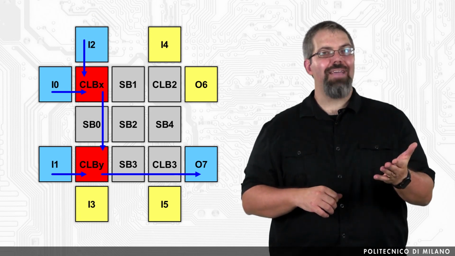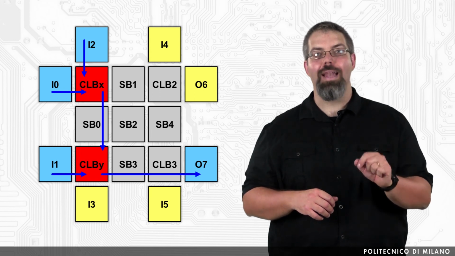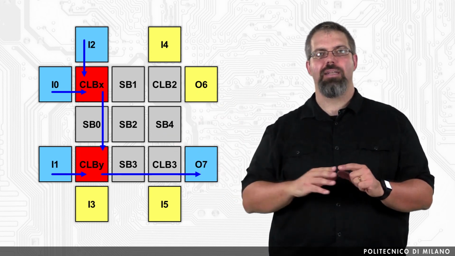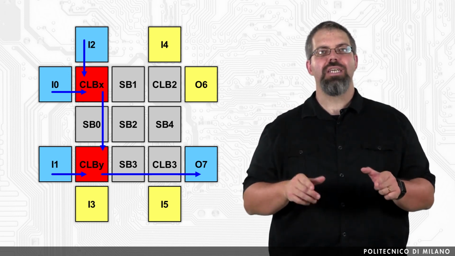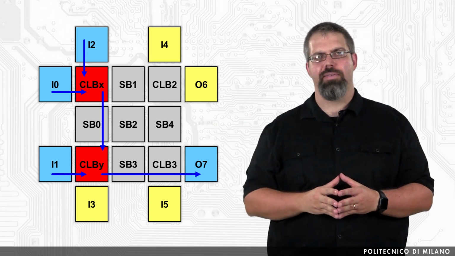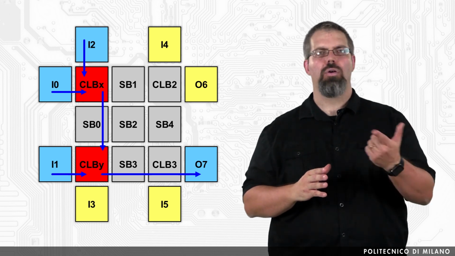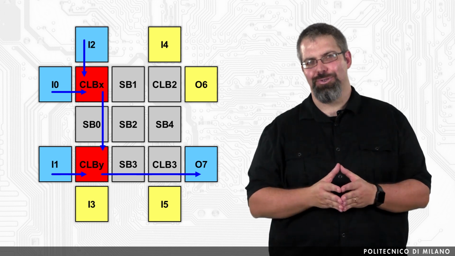In fact, by having it mapped onto CLB1, this implies that we are still using one line to connect one input of CLB-Y with the output generated by CLB-X. But we are going to need only one line in SB3 because we just have to connect the output computed by CLB-Y to the output block 7. And this will help us in deciding whether to go with this or with the previous solution. And I guess we know which one we are going to choose, right?